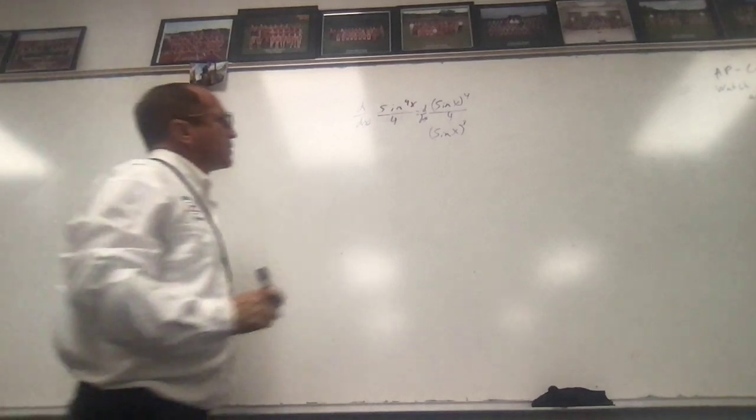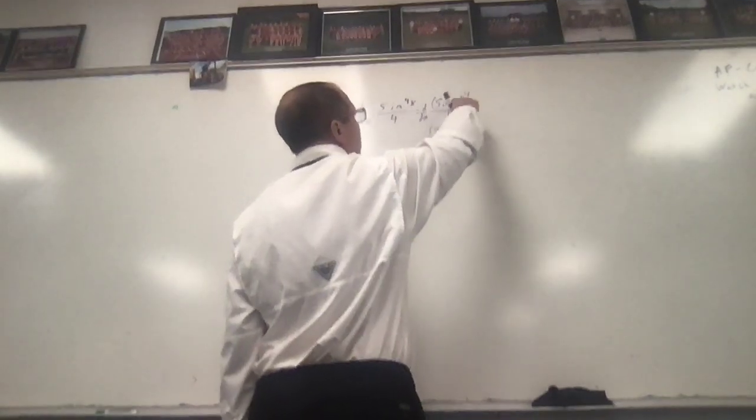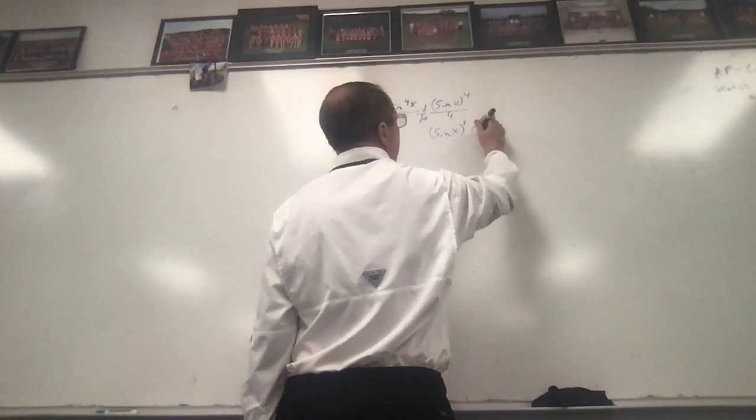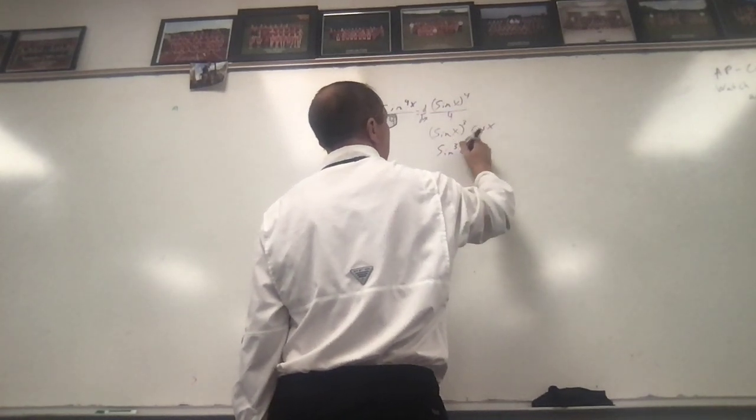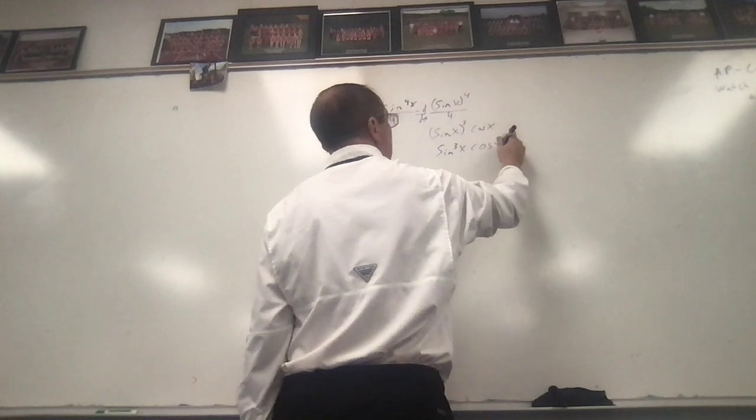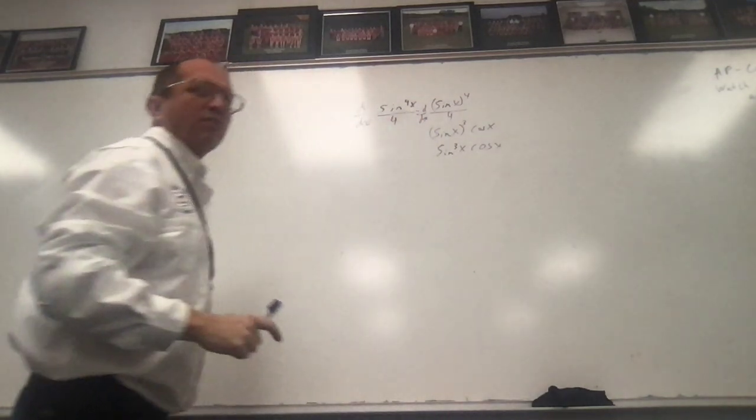So the sine of x cubed, and then the derivative of the inside part, which would be cosine of x. So if we wrote this out, we would say it is sine cubed x cosine of x. That would be the derivative of this.